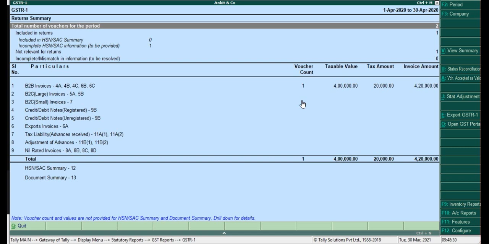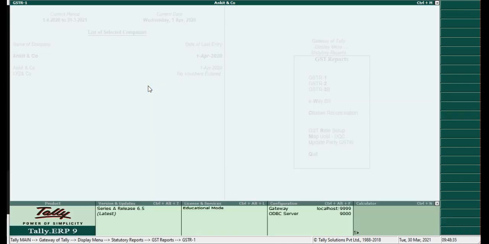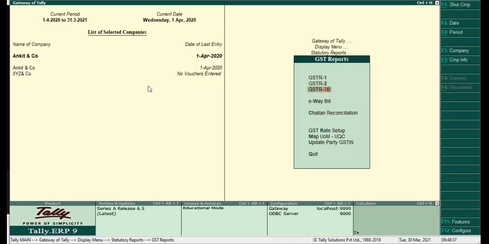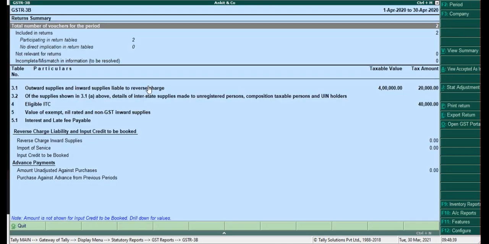Okay, these are the sales transactions, B2B. Next we'll go with GSTR3B, which covers both purchase and sale. This is outward supplies, and we'll have inward supplies too.